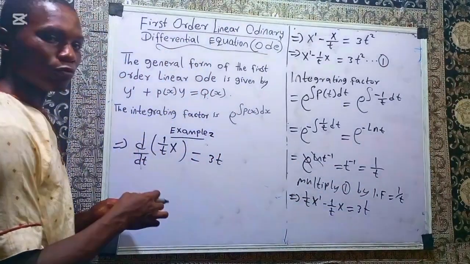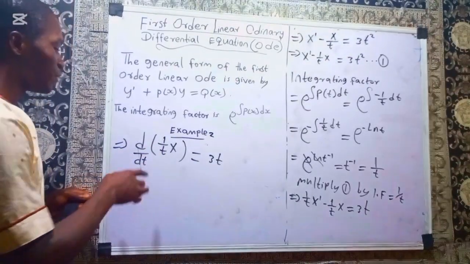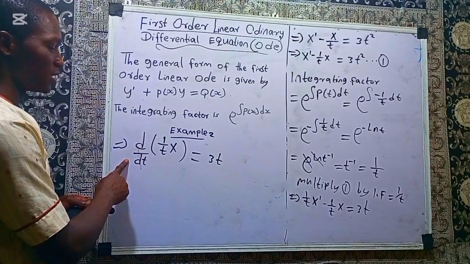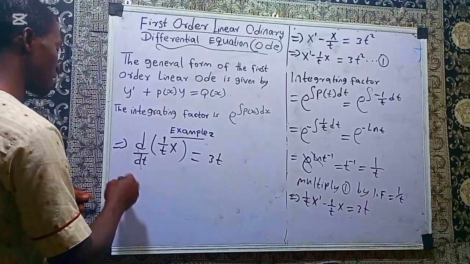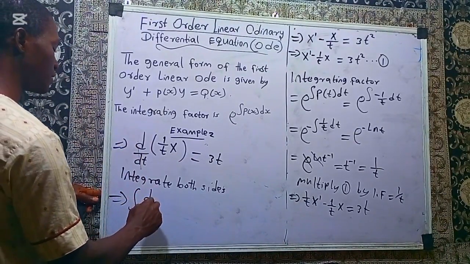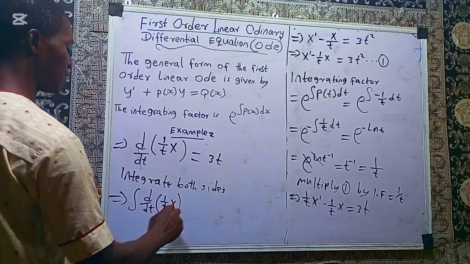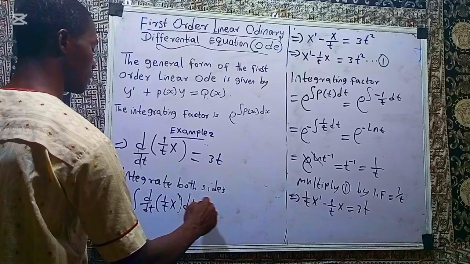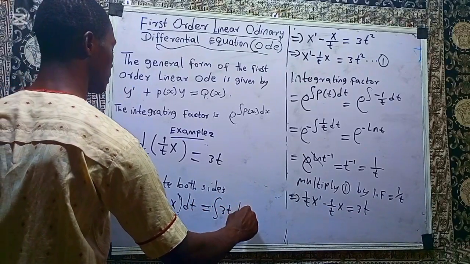Then after this, what do we do? We integrate. Why are we putting it in this form? Because if we put it in this form and put the integral here, the integral will cancel the derivative. So we put the integral at both sides. So we have the integral of the derivative of the product of the integrating factor and the dependent variable dt equals the integral of 3t dt.